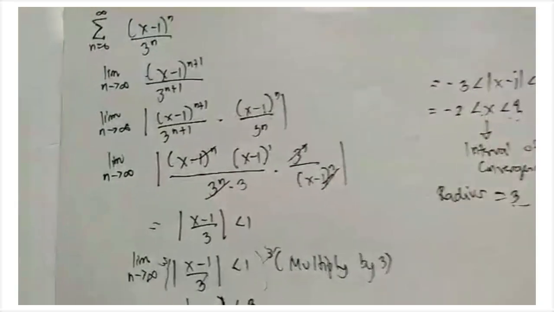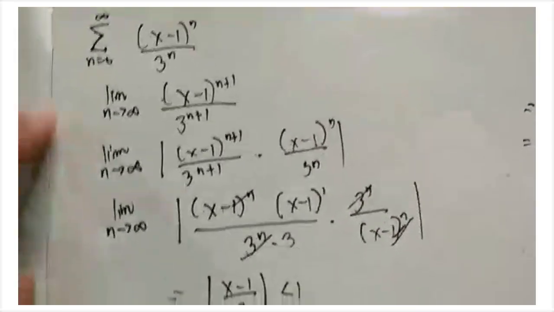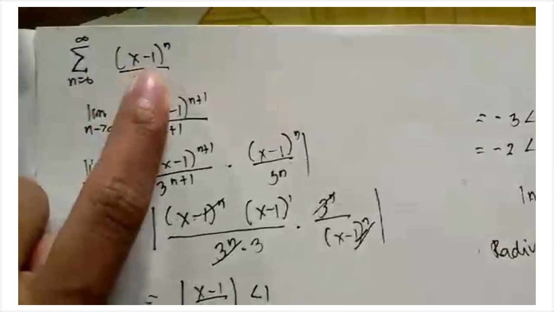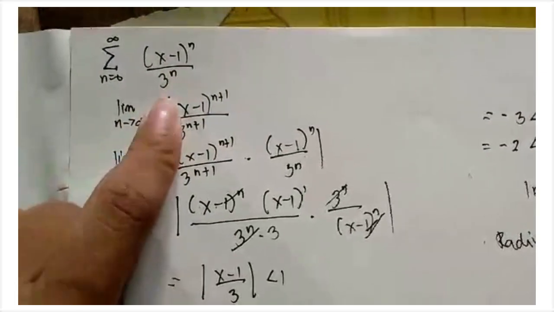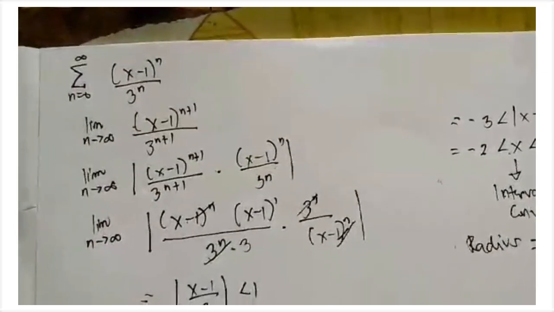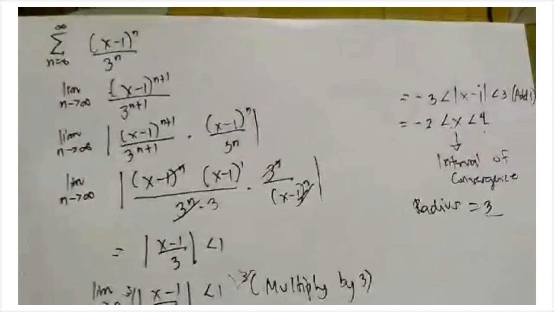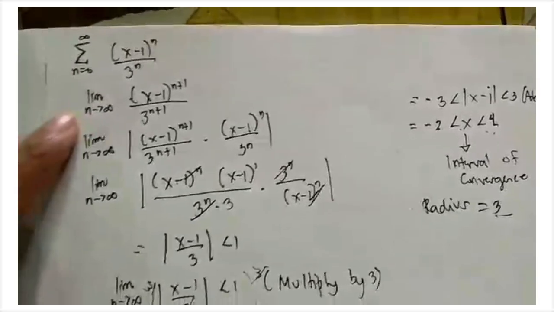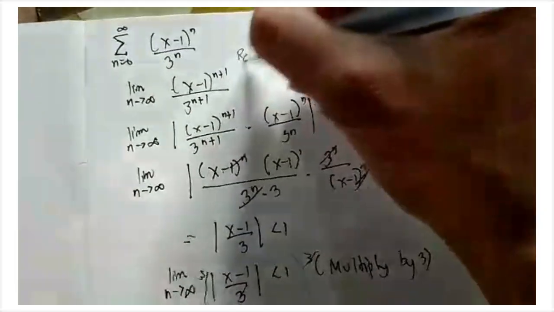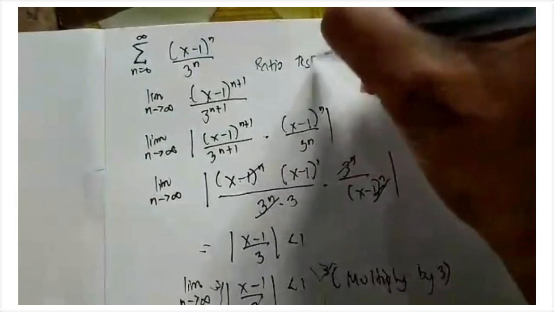In this example, the power series of x minus 1 raised to n over 3 raised to n. So first, our formula. We are just going to add plus 1 to the n. We're going to use the ratio test. I forgot to mention the ratio test.